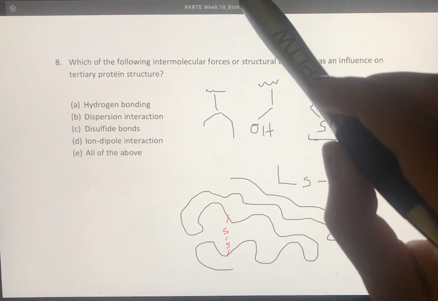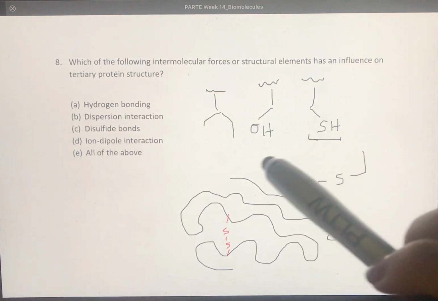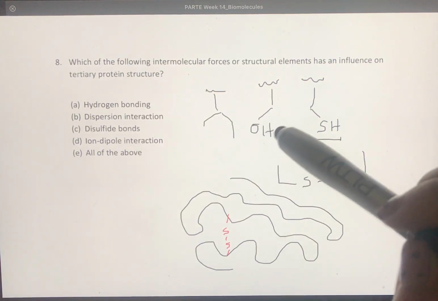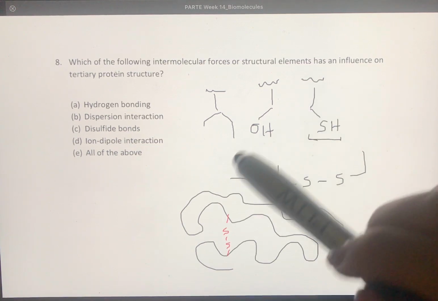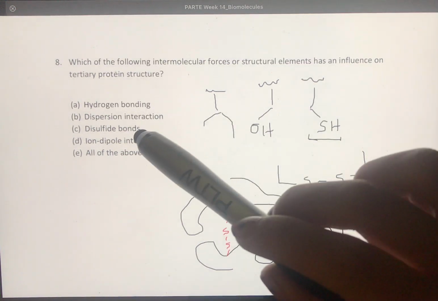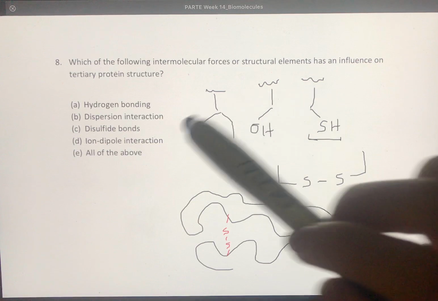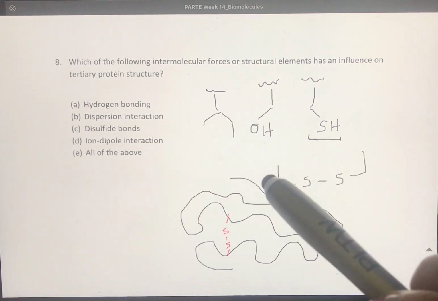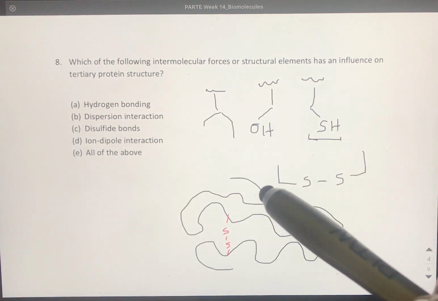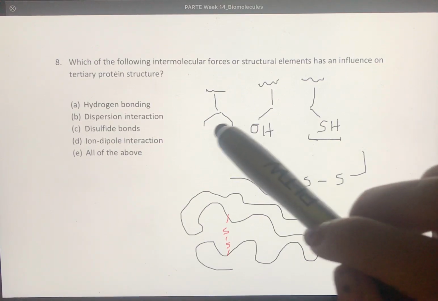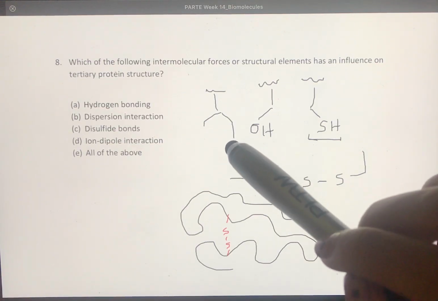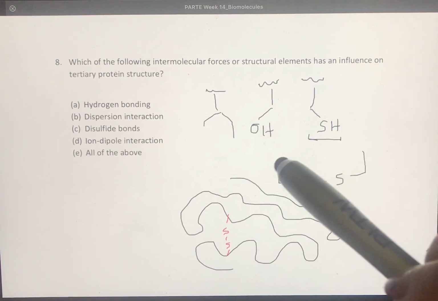So we can have hydrogen bonding because we can have this H bond with another one somewhere else in the protein. We can have disulfide bonds, which we already talked about. We can have dispersion interactions. That's kind of like the London dispersion or van der Waals forces with the carbon chain groups, which there are a lot of.